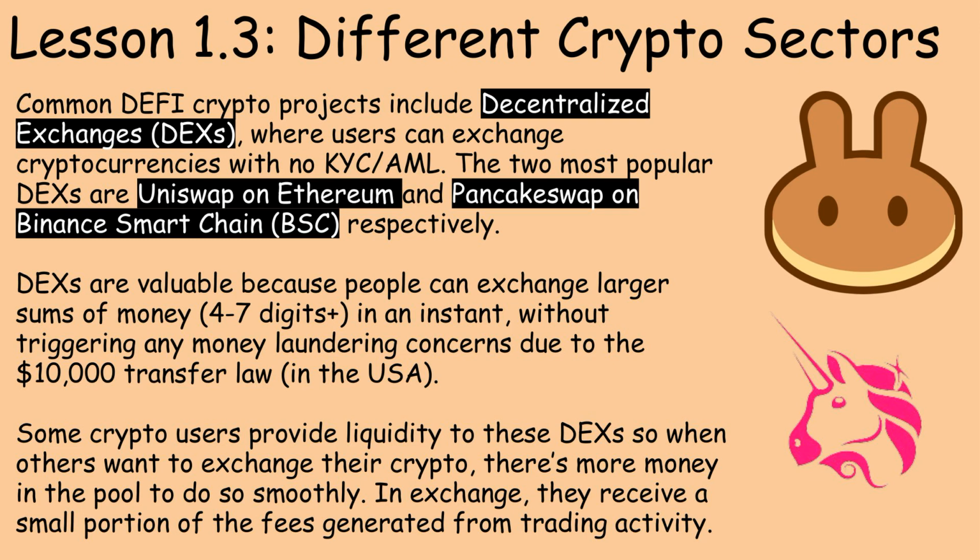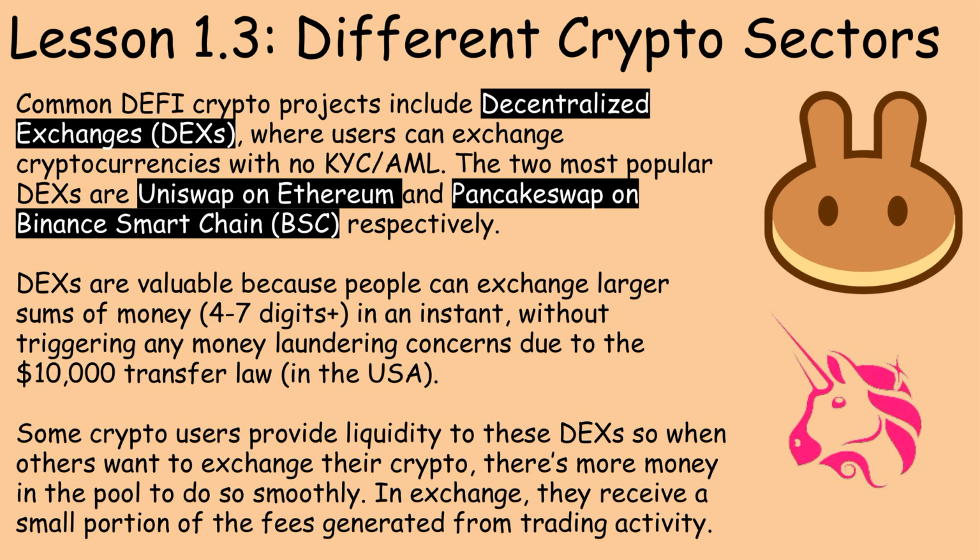DEXs are valuable because people can exchange larger sums of money, 4 to 7 digits plus, in an instant without triggering any money laundering concerns due to the $10,000 transfer law in the United States. Whether that be for the United States or any other similar law or procedure, there's a certain threshold where moving X amount of money will trigger notices from banks, or you might have to sign this, or you might be asked that, whatever. It's a way to avoid all that, essentially.